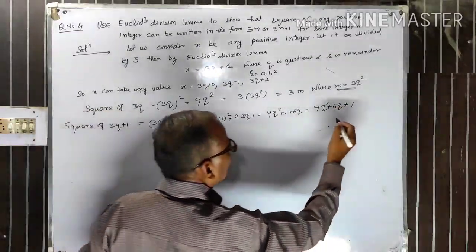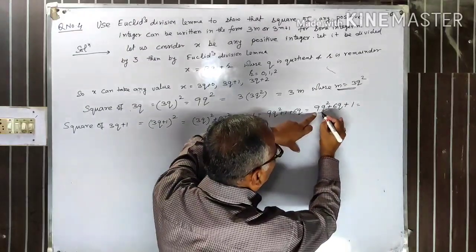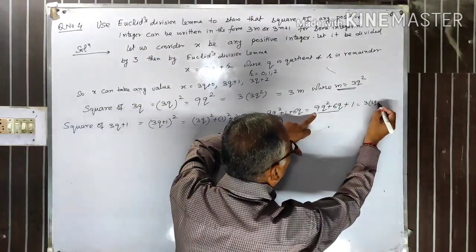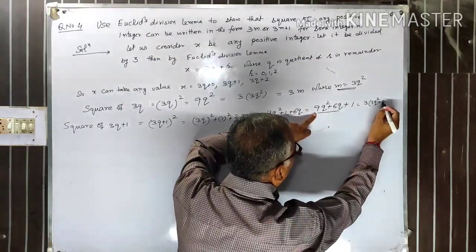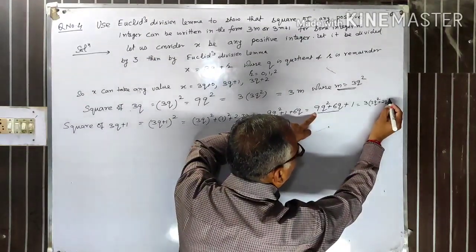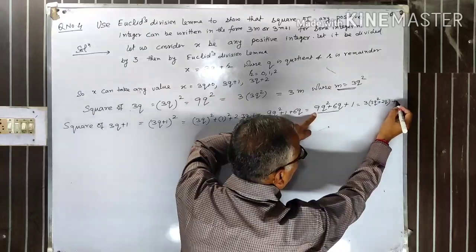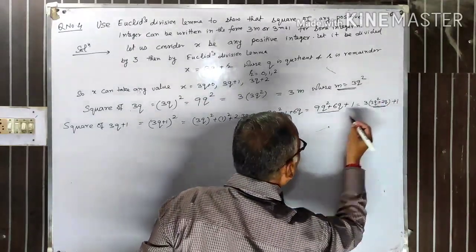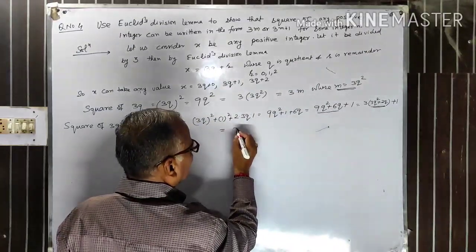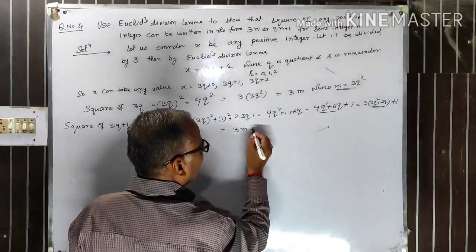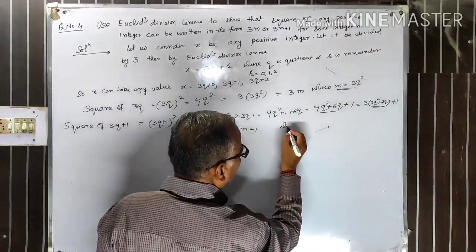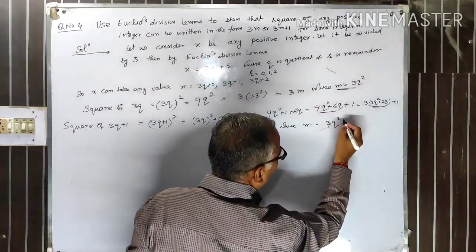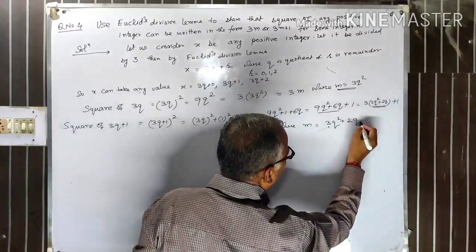From this we can take 3 common: 3 into 3q square plus 2q, plus 1, and this can be written as 3m plus 1, where m is equal to 3q square plus 2q.